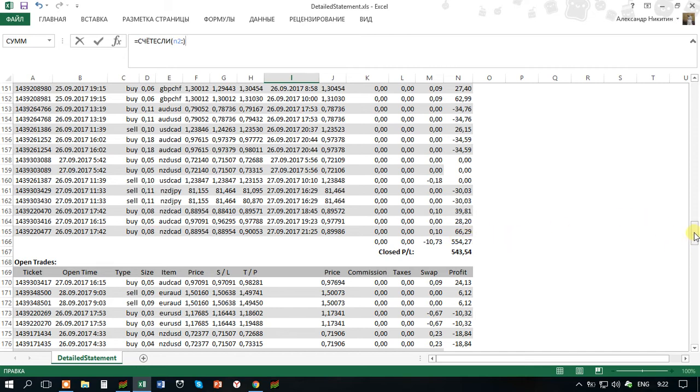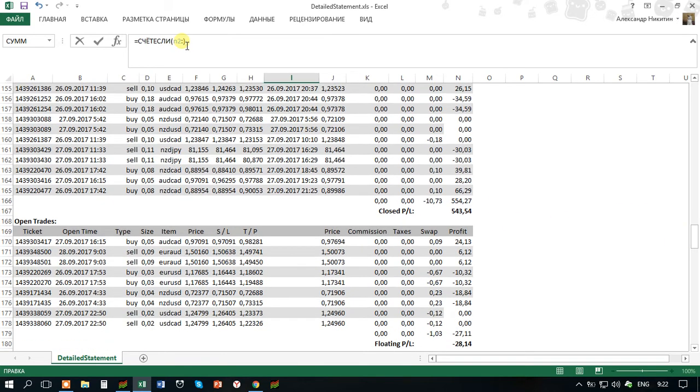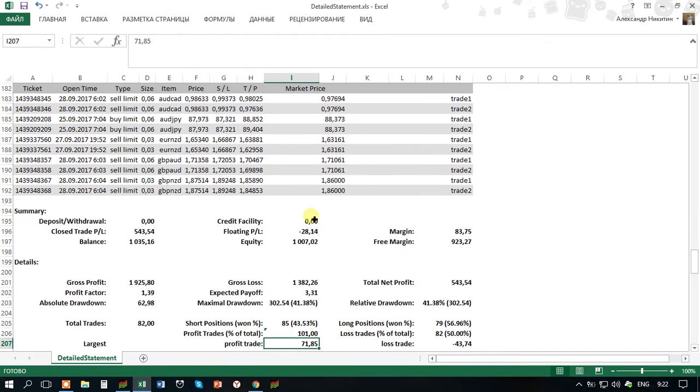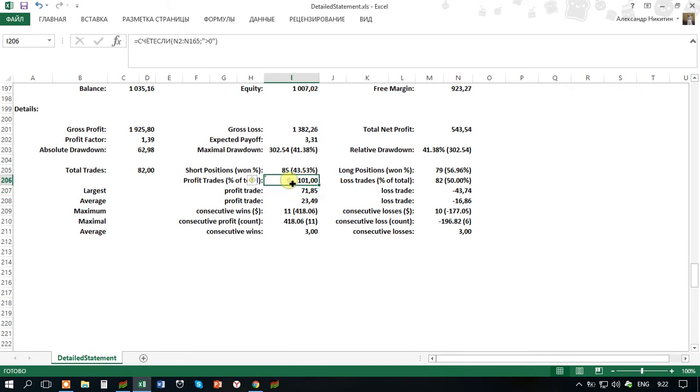So this is the last line of that, towards N165. And within this range, I'm only interested in those that are more than 0. So the formula says count if within this range more than 0. So it will only count those that are more than 0. And the number of profitable trades is 100.